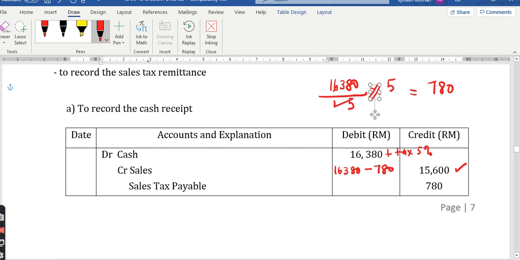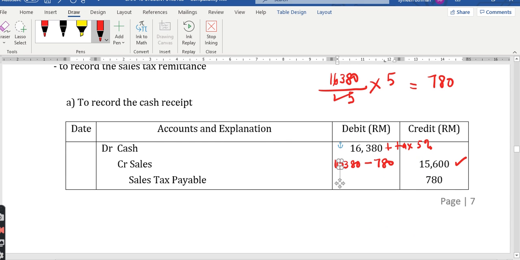So here we need to record the payment remitted to the LHDN.